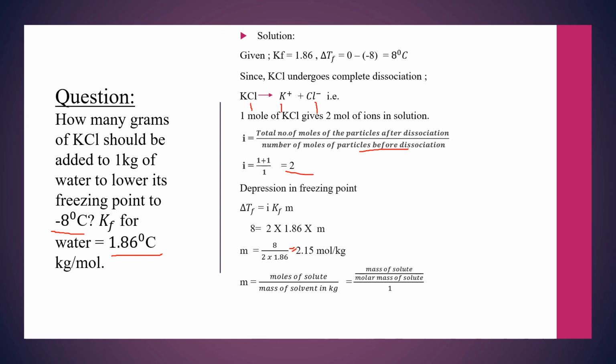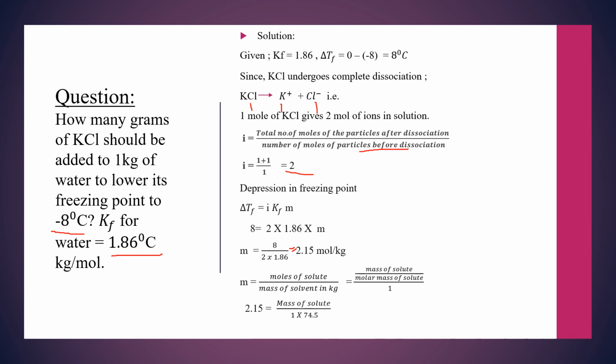As we get the value of molality from here, molality will be equal to the number of moles of solute divided by the mass of solvent in kg, and the number of moles of solute will be equal to the mass of solute divided by the molar mass of solute. Here the mass of solvent is given as 1 kg of water.